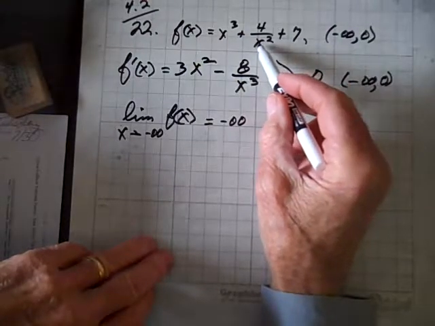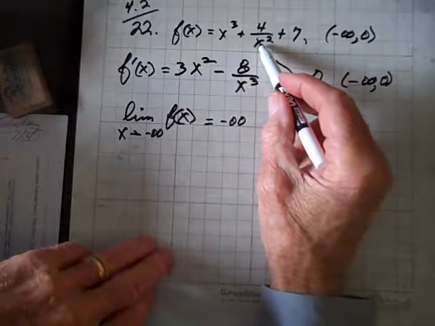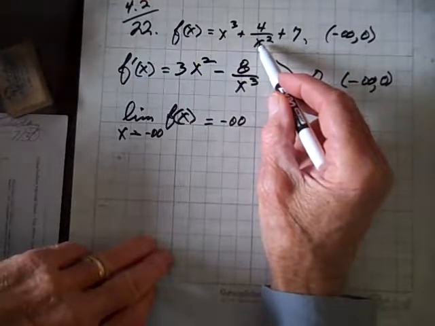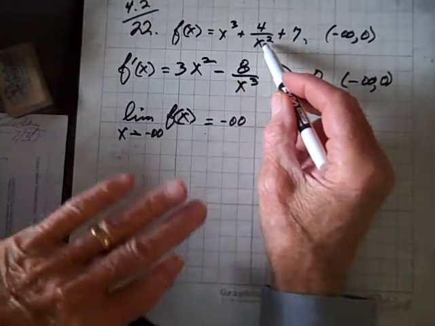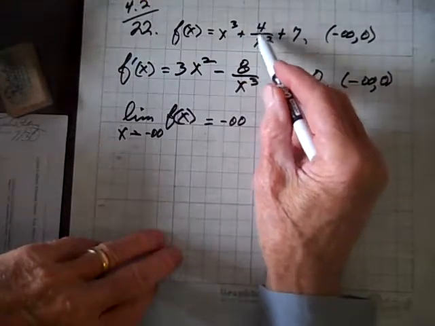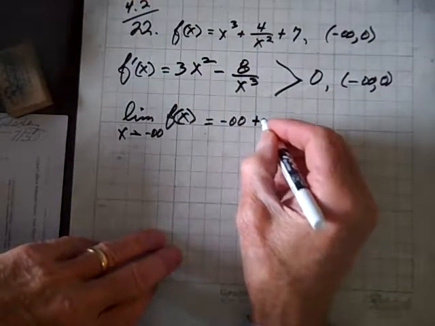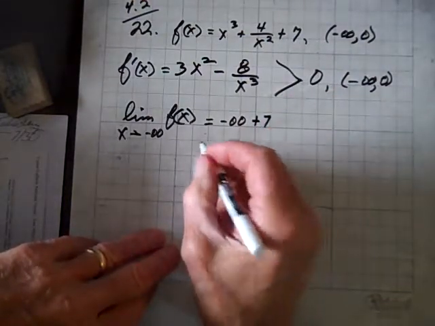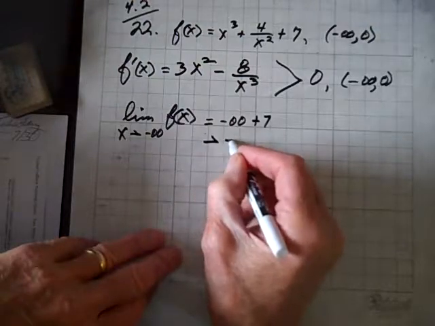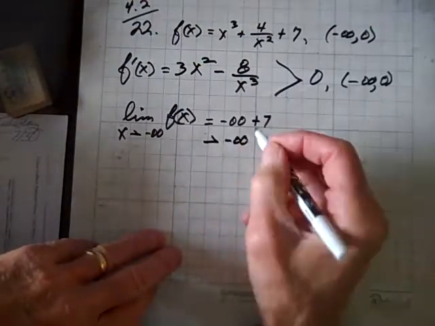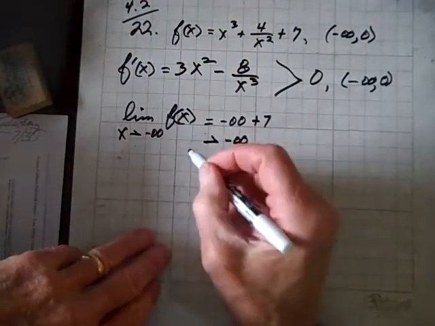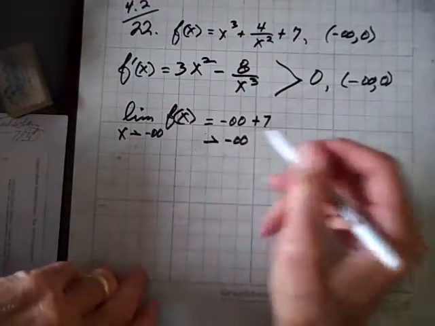In other words, if we square something very negative, it goes positive, and this denominator is expanding out of control, and so this term is going to 0, and we get a plus 7. And negative infinity plus 7 still goes to negative infinity. The big deal here is, on the left we've got a negative value.